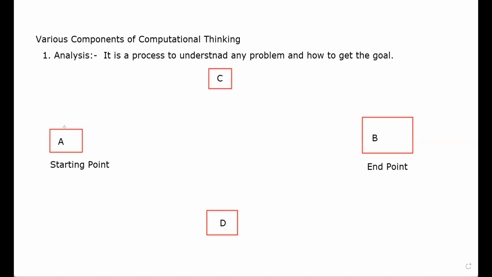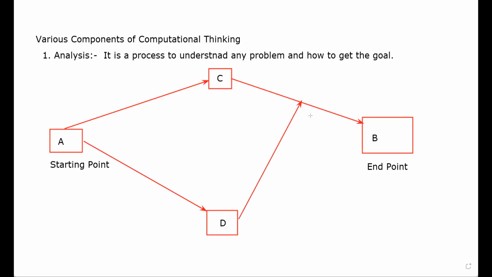You should go to C and then go to B. One more approach is you should go to D and then reach this B. Just wait for a second.